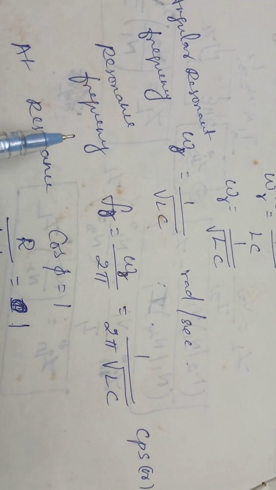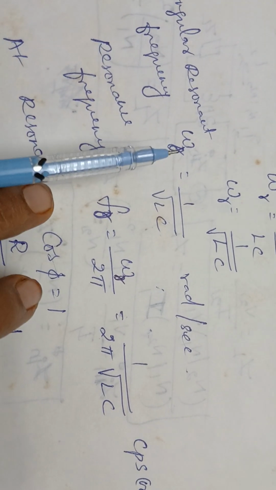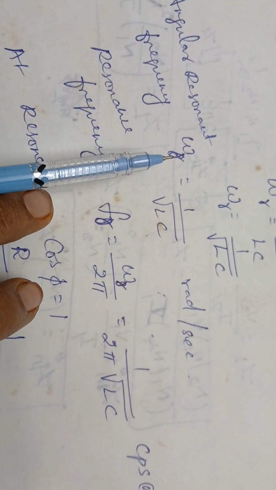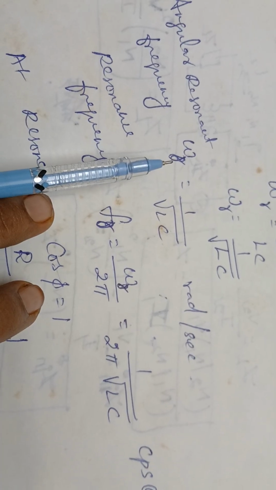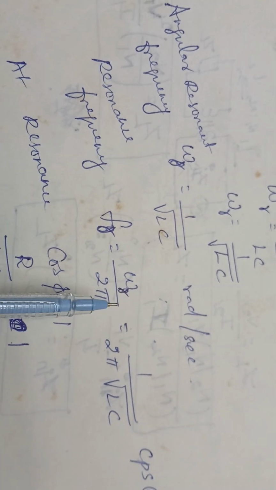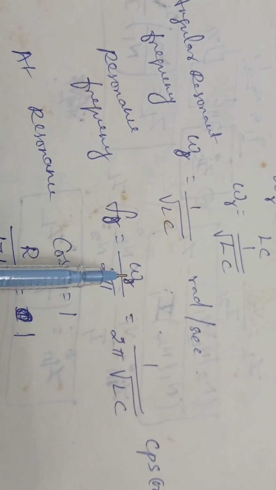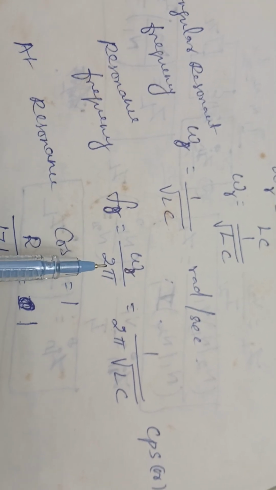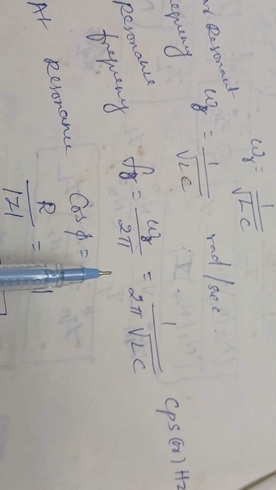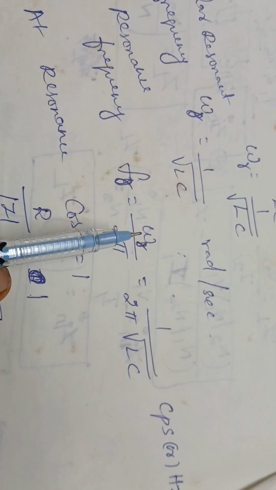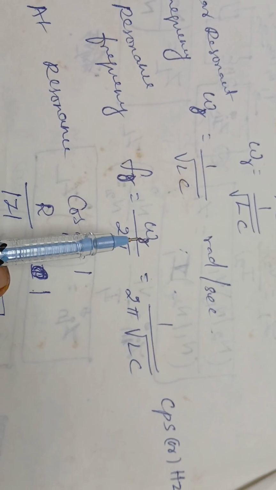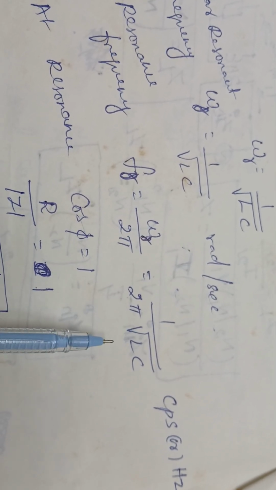So the resonant frequency: omega R is equal to 2 pi Fr. So Fr is equal to omega R by 2 pi, where omega R is nothing but 1 by root of LC.